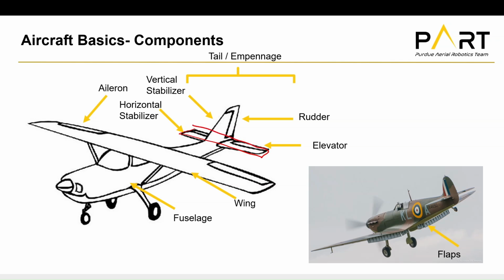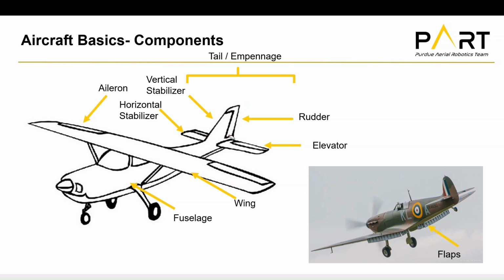But often those actually provide downforce instead of lift, a kind of negative lift, in order to stabilize planes. Here we have the vertical stabilizer, which is a lifting surface placed vertically to provide some stability in the yaw and the roll axes.